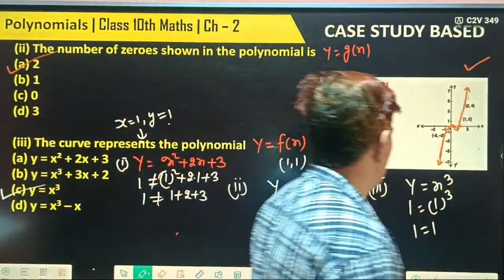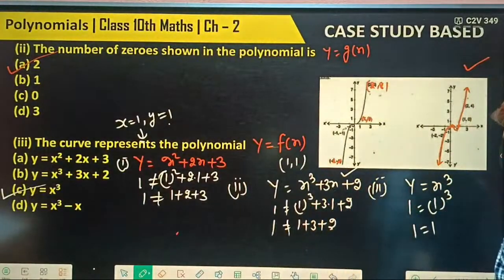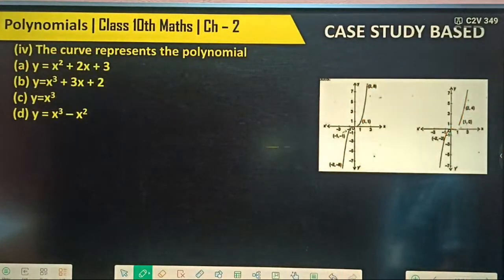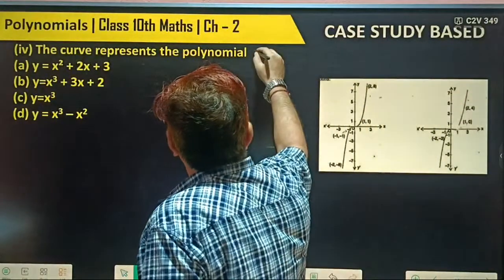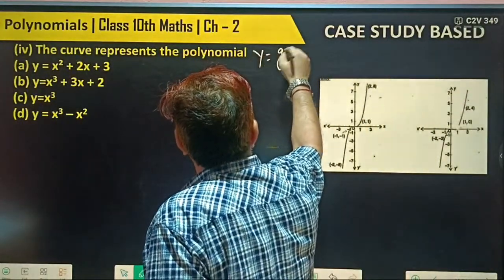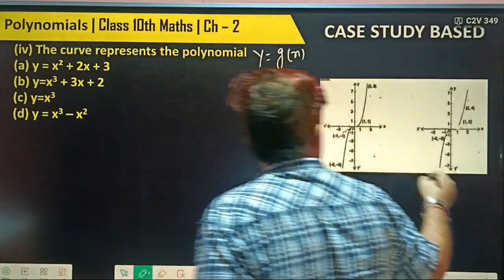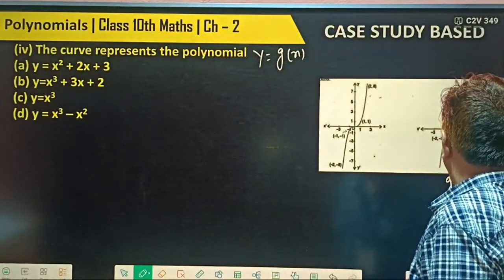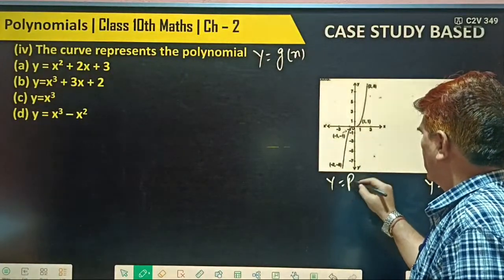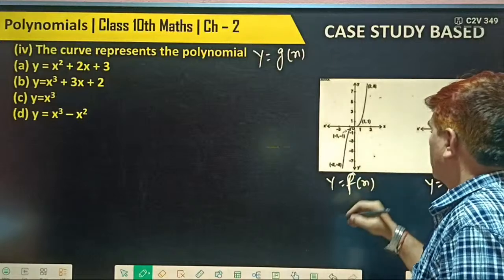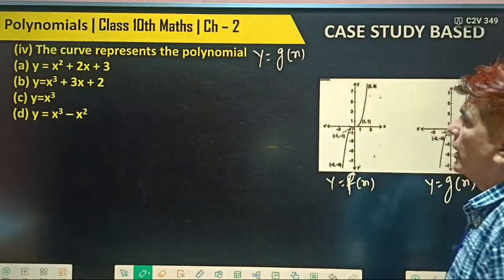Next one, y equal to g(x). Here g(x) is this polynomial. And y equal to p(x) is f(x), sorry. So the second one we are taking.